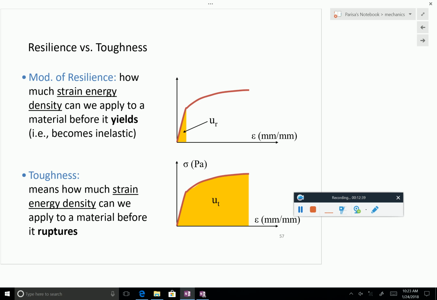Very simple. Modulus of resilience, or sometimes people just call it resilience, is nothing else but the strain energy density if you only consider the elastic part before yield. If you consider everything up to rupture, it's called toughness.